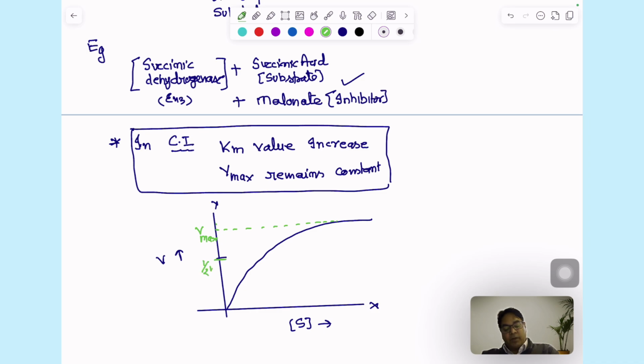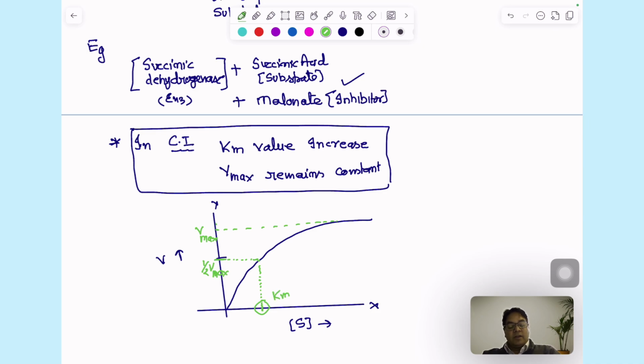At half Vmax, if we locate the substrate concentration, the point where the perpendicular meets the x-axis is the Km value.